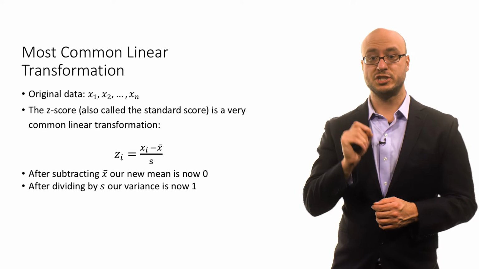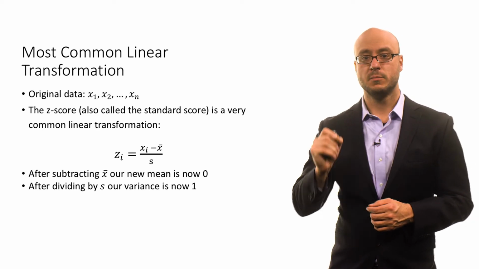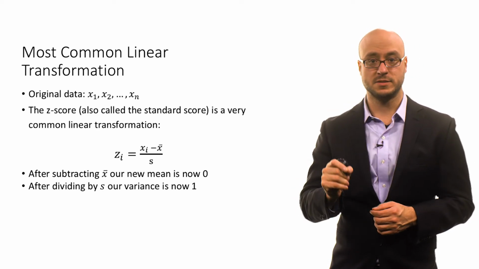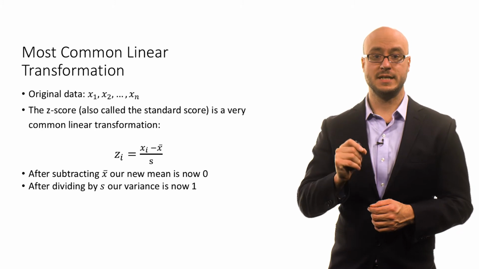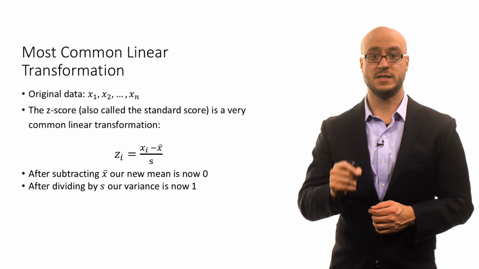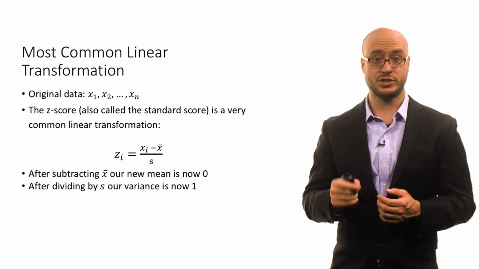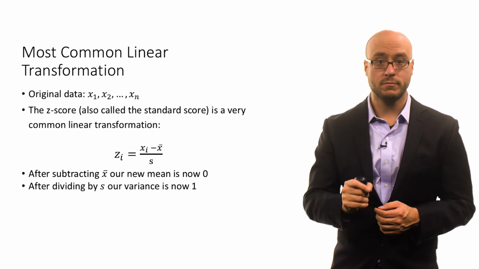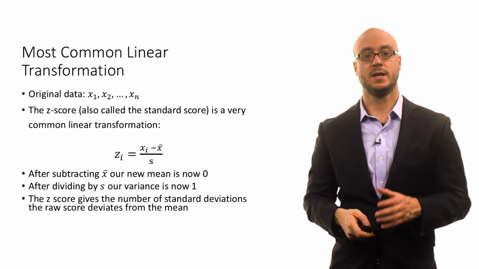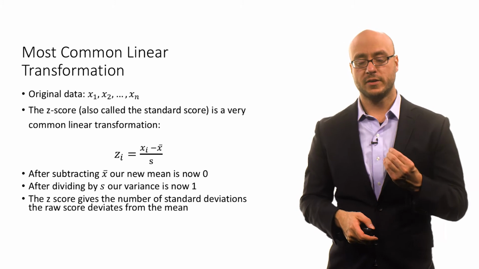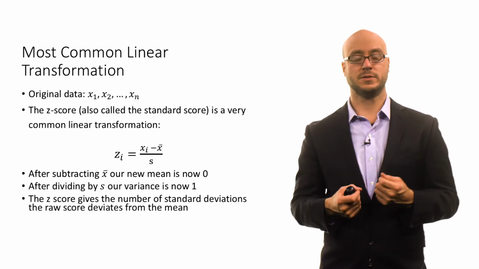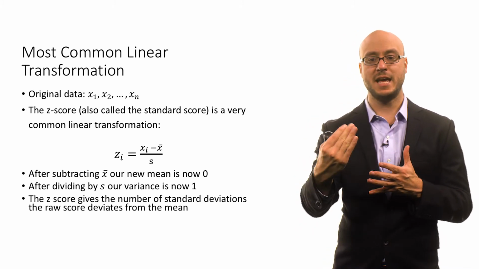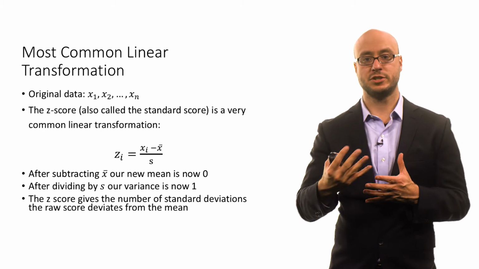The z-score has the same shape as the original variable x, but the mean is now 0 instead of x bar, and the variance is now 1 instead of s squared. Or in a related fashion, the standard deviation is now 1 instead of s. The z-score is very useful because we can take different variables and put them on the same metric, on the same distribution.